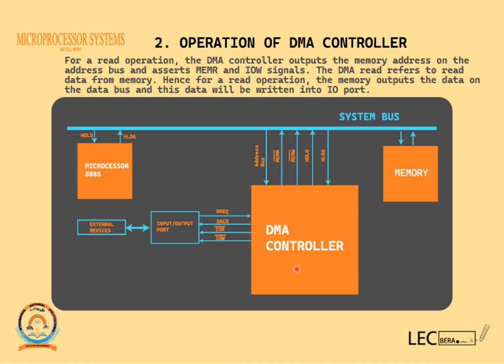So the DMA controller is going to go to its register and find the address, and that address is going to be the location where we fetch data to be written to the external devices. So that is about the read operation.